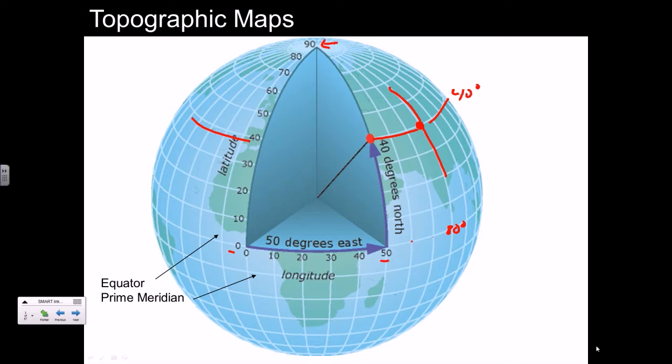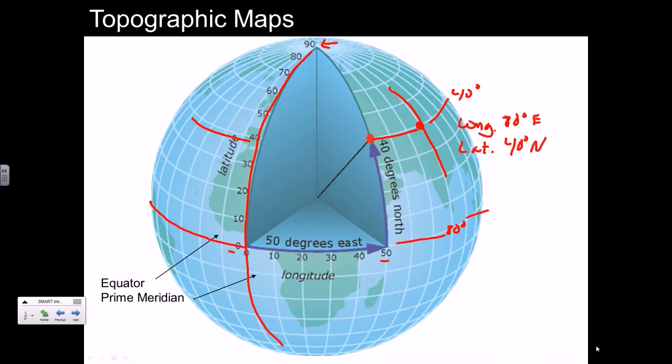So the longitude here is 80 degrees to the east, east of this line here, which is what we call the principal meridian, or the 0 line. And then we also have to note if it's north or south of the equator, and so for latitude, I'll abbreviate that as well, it's 40 degrees north of the equator. If it was 40 degrees south, we'd add an S.